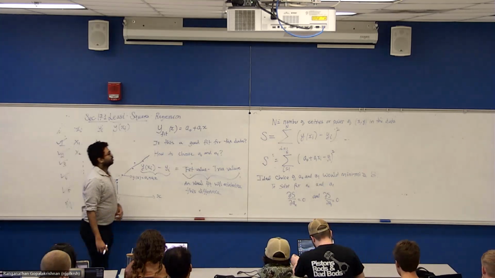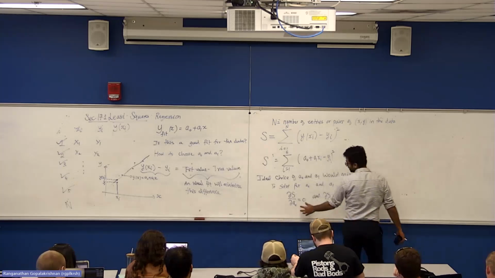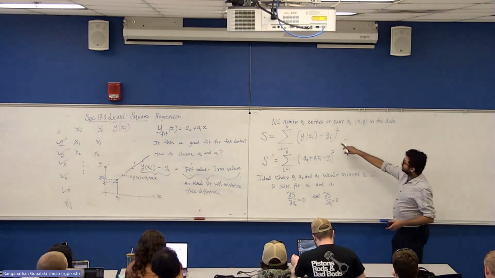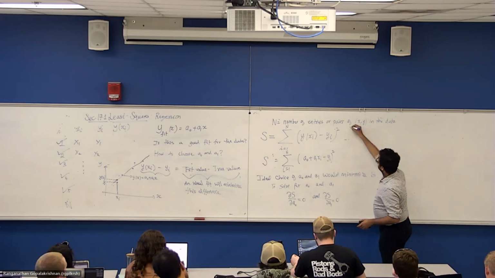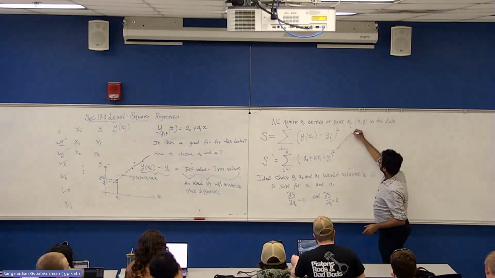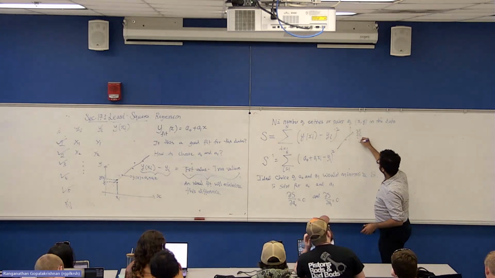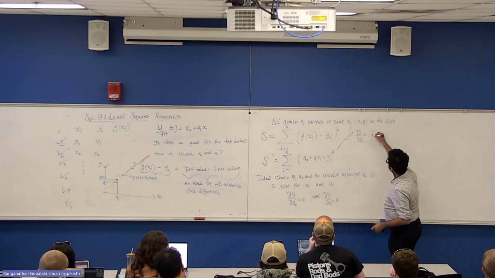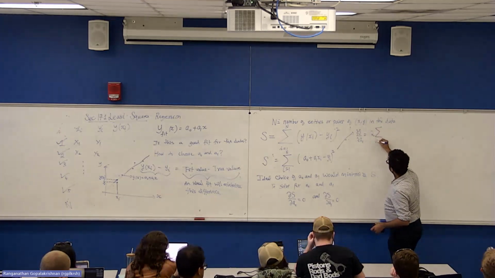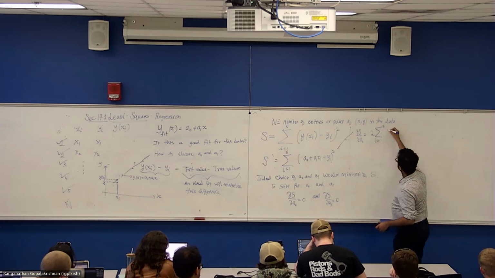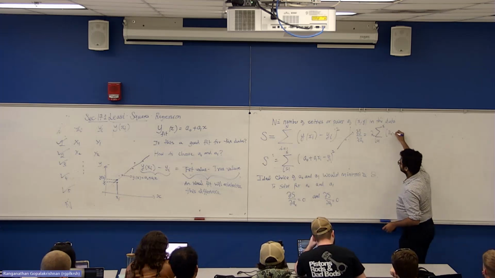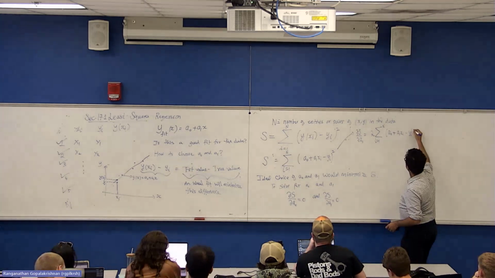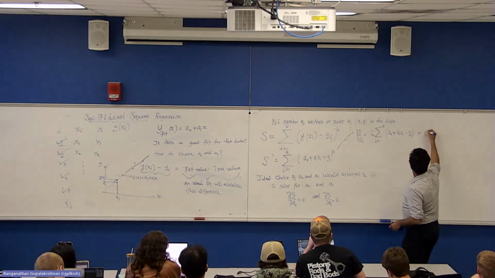Okay. So this is what I asked as the participation exercise from last lecture. If I take this expression and differentiate with respect to A naught, I'm going to get 2 times summation i equal to 1 to n of (A naught plus A1 xi minus yi) equal to 0.